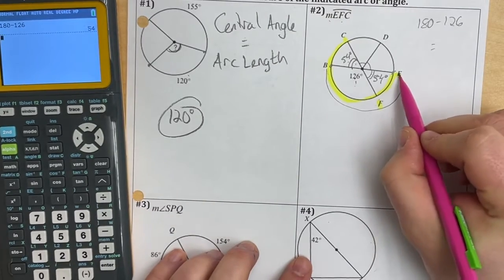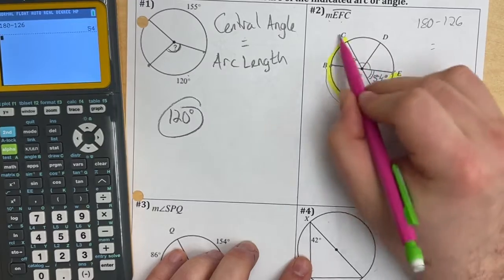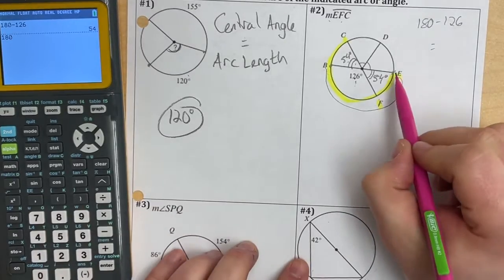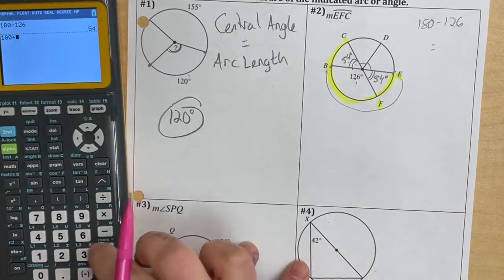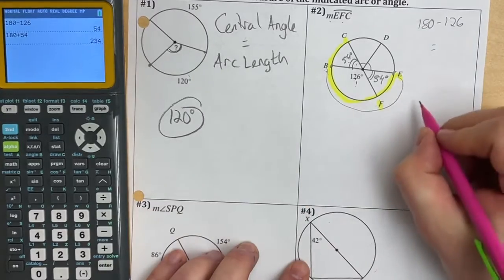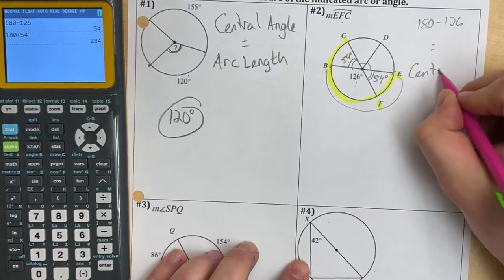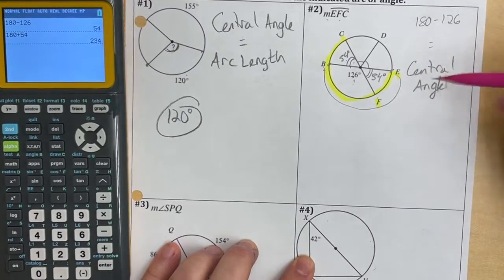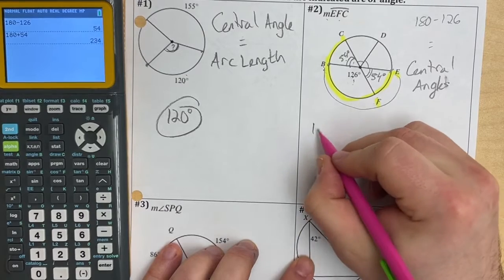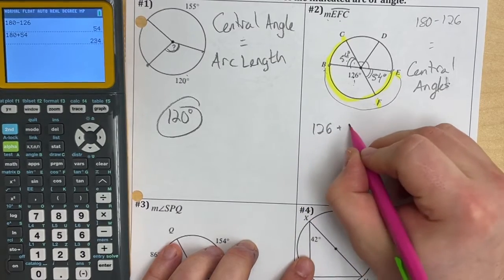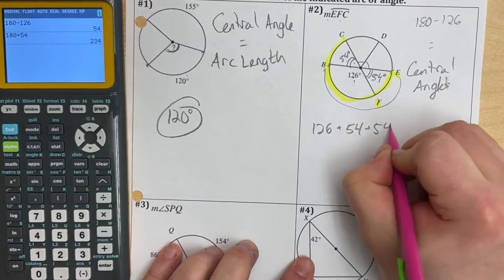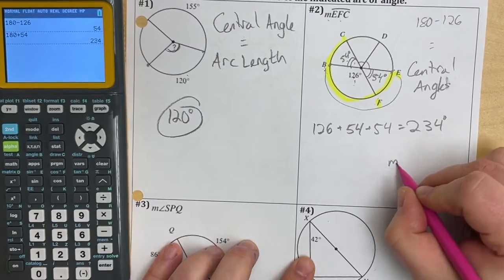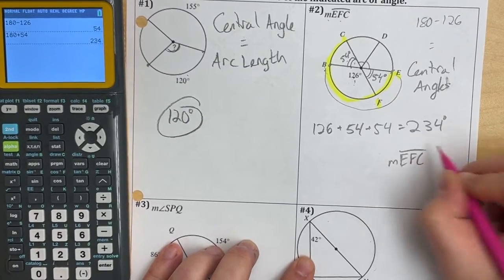So that means that from E, F, B, and C, including all those points, we can add them together. So we have 180, which is from E to B, plus that 54, using those central angles. 126 plus 54 plus 54 is going to be 234 degrees, which is the measure of that arc EFC.